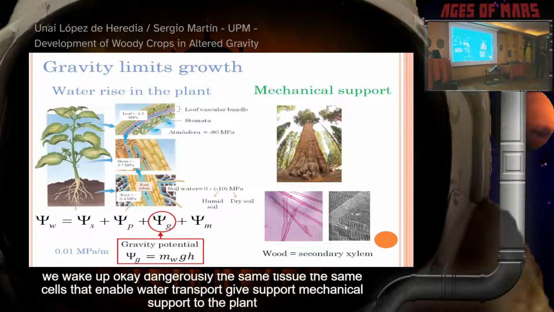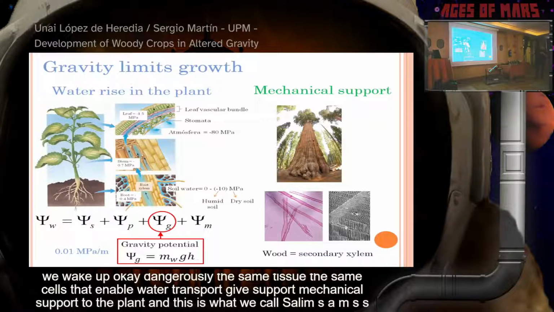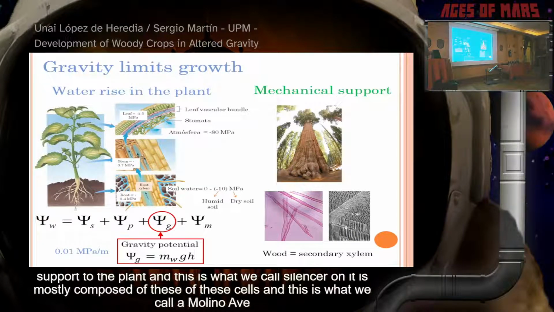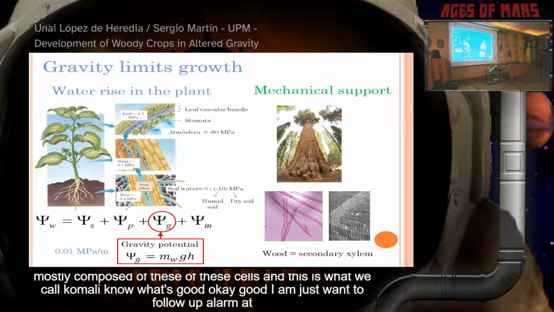And this is what we call xylem, secondary xylem in trees, and is mostly composed of these cells, and this is what we commonly know as wood. Okay? And wood, I am a forester, so wood is one of our materials of work, very, very important.